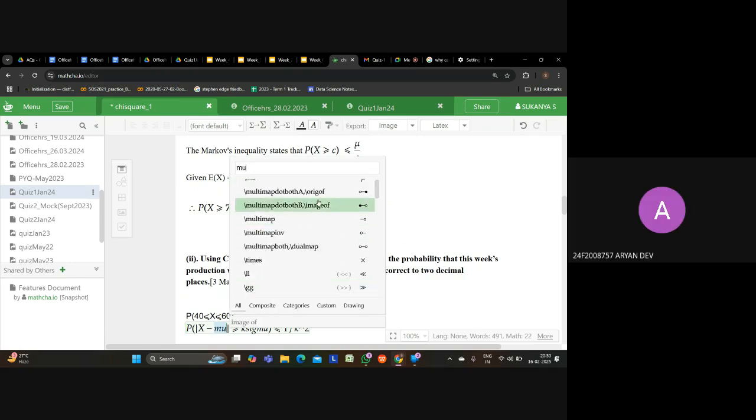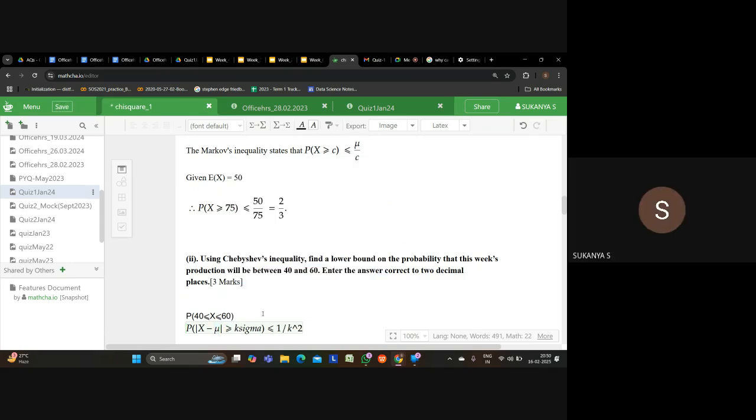Subtracting the mean from both. Perfect. So when you subtract, what do you get? 40 minus 50 less than or equal to x minus mu. In x also you have to subtract.